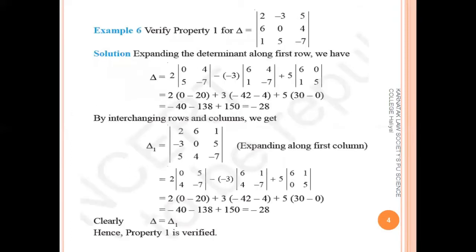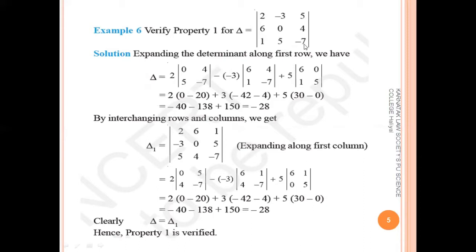Now, next, we need to verify the first property with the help of an example. In the given example, we have 2, minus 3, 5, 6, 0, 4, 1, 5, minus 7.